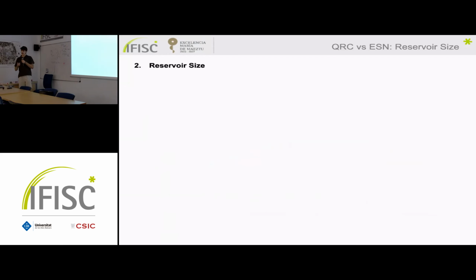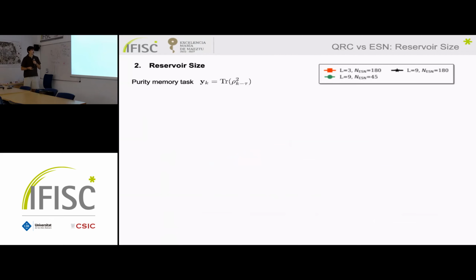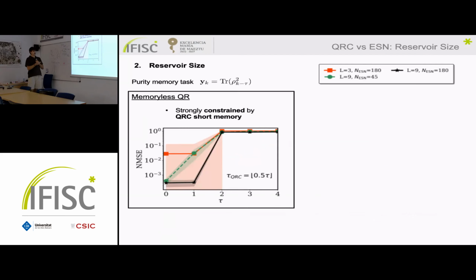A similar story is told by analyzing the reservoir size of each component. If we just focus on the purity memory task and consider 3 representative cases of quantum and classical reservoir sizes, we see that with no memory, the hybrid setup is strongly constrained by the quantum reservoir memory.